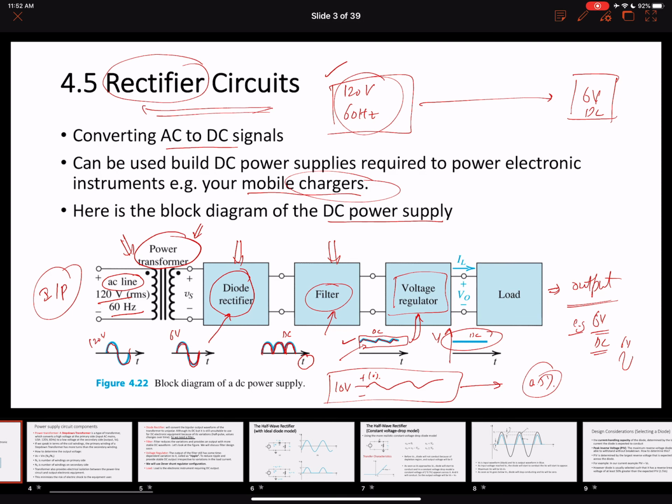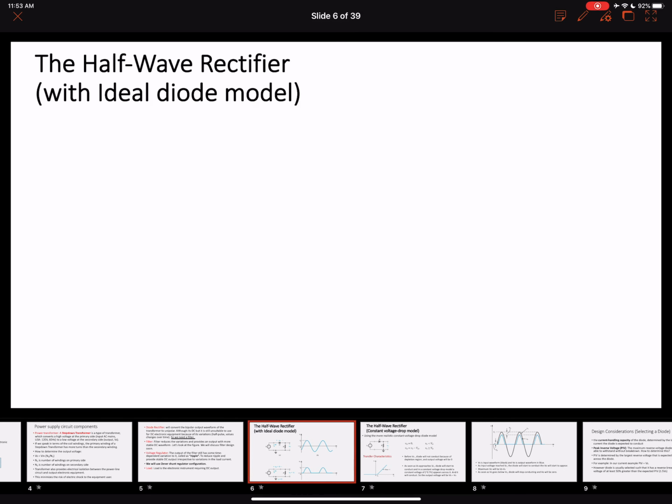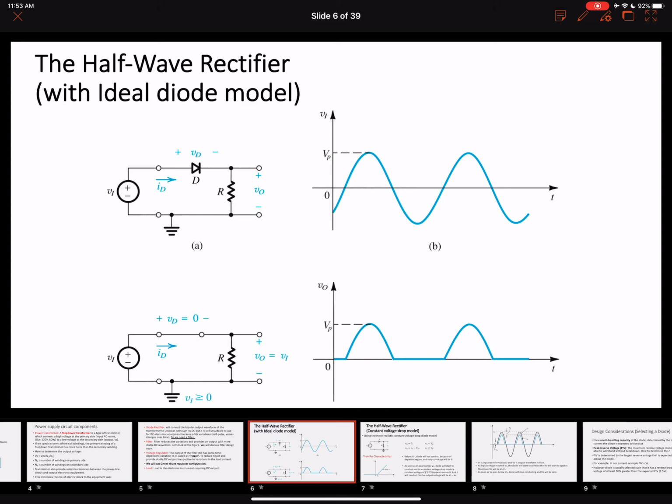All right, we already started talking about half-wave rectifier circuits much earlier in this chapter when we introduced the concept of what a diode is, and we saw how it can rectify signals. This is your input voltage connected to a diode, and we are going to assume this to be an ideal diode model.